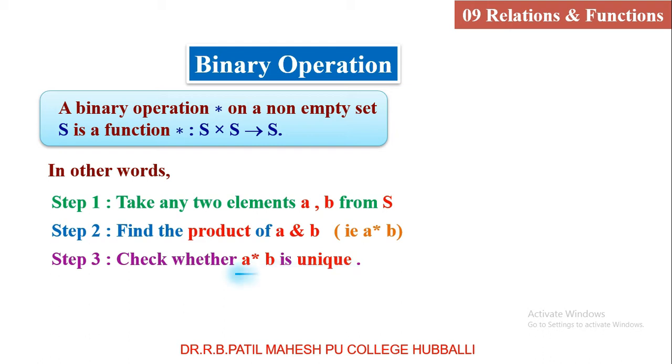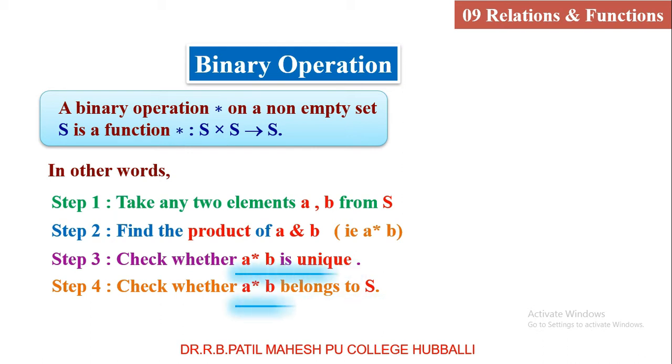In step 4, check whether A star B belongs to the set S or not. If the operation satisfies all these 4 steps, then it is called binary operation on the set S.